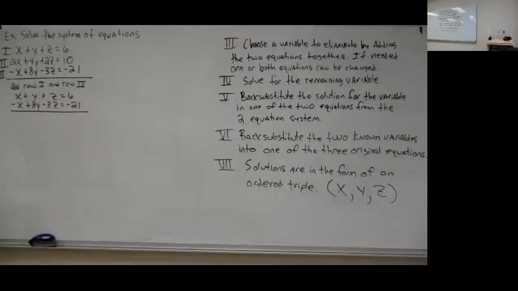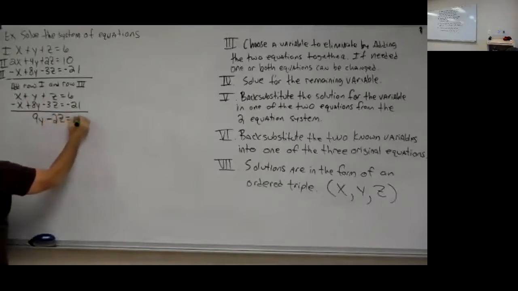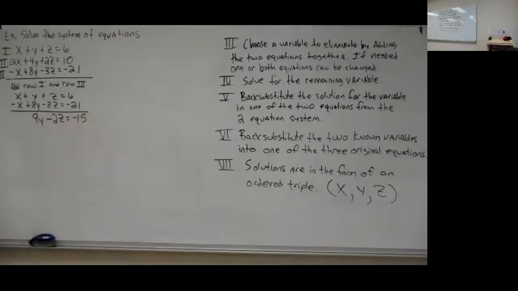But notice, I'm able to get rid of the x's because the x and the negative x give me 0. 1y plus 8y is 9y, minus 1 minus 3 is a negative 2z, and that's going to equal a negative 15. But notice what I got. I now got an equation with 2 variables in it instead of 3, okay? So this equation I just got will be my equation number 4.